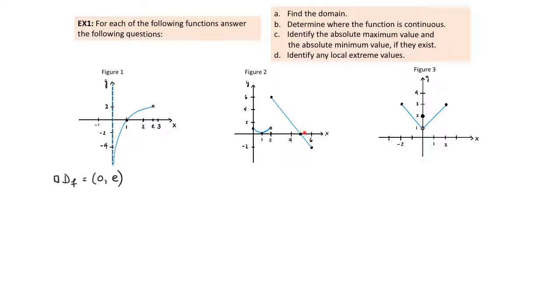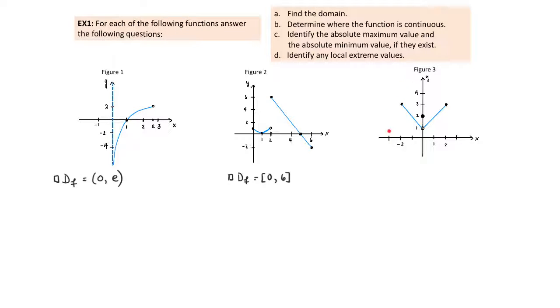And then the graph continues all the way down until 6, and then it stops there. So this is telling us that the domain of the function consists of all x values starting with 0 and including 0 all the way to 6 and including 6.